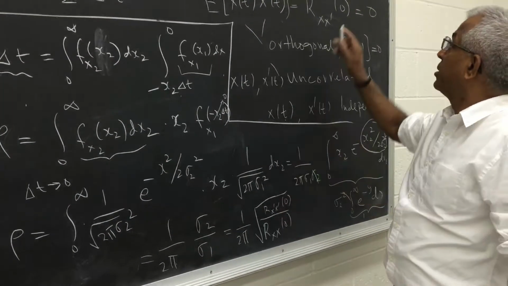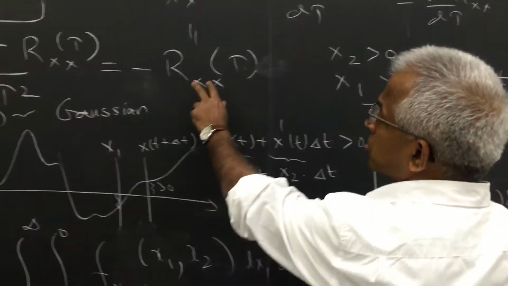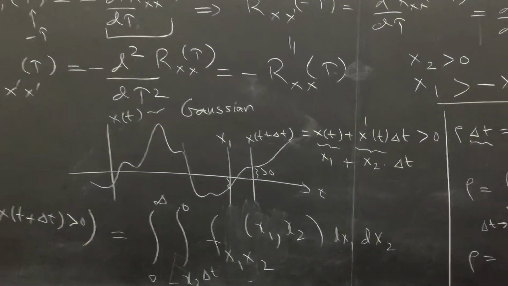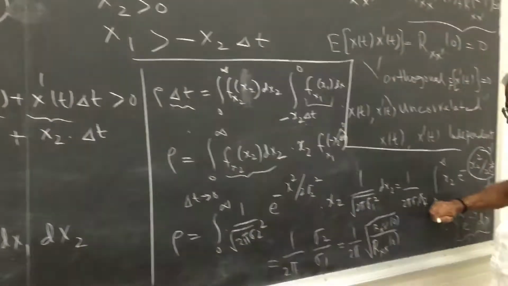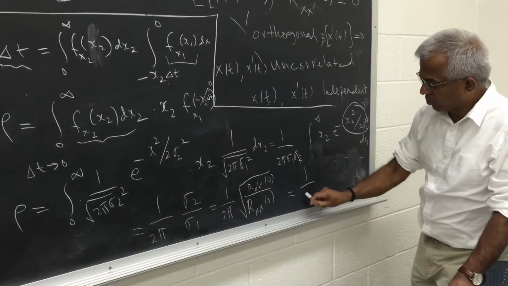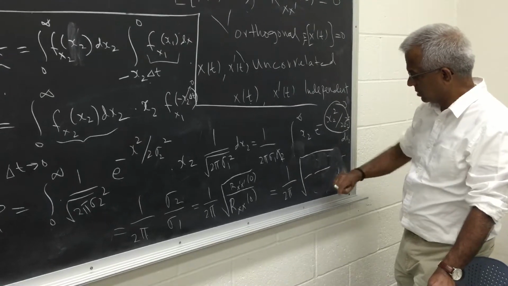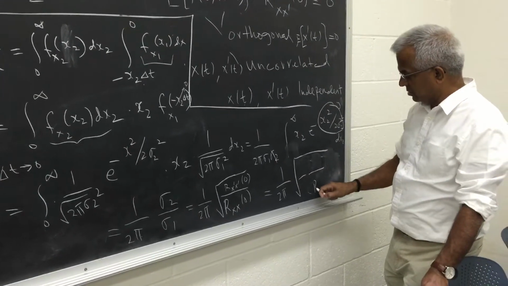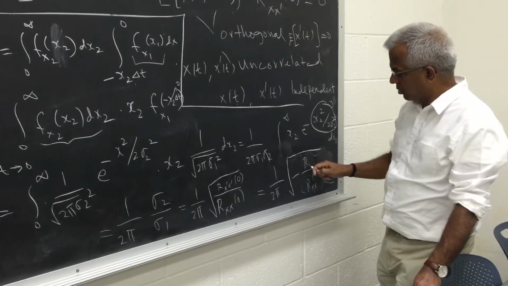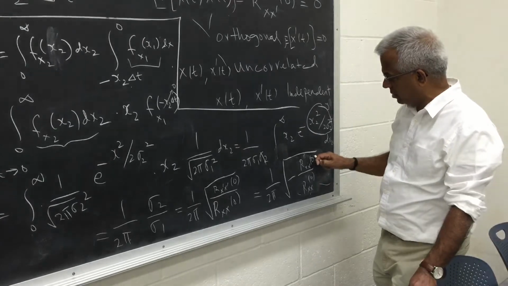But r x prime x prime is, we have it here, minus the second derivative. So if you want, you can also replace this expression as 1 over 2 pi square root of minus, in the numerator you have r double prime xx evaluated at the origin, over rxx of 0.